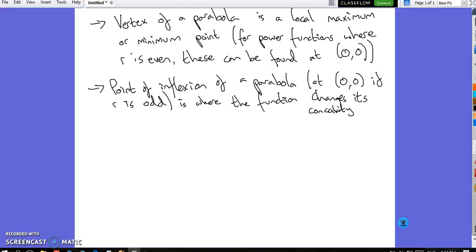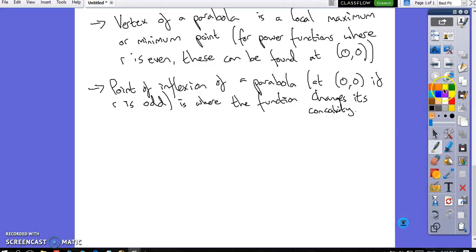Okay, so we left off with this sentence that the point of inflection of a parabola, which is at the origin if the power of the power function is odd, is where the function changes its concavity. So this point of inflection, I want to just give you the German word for this.